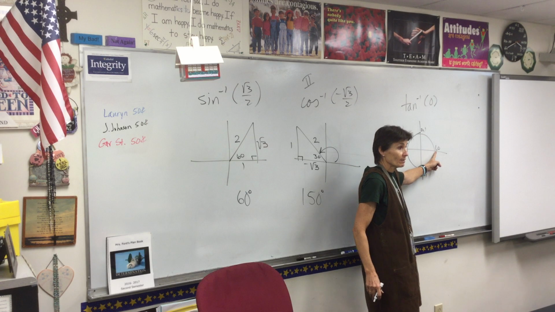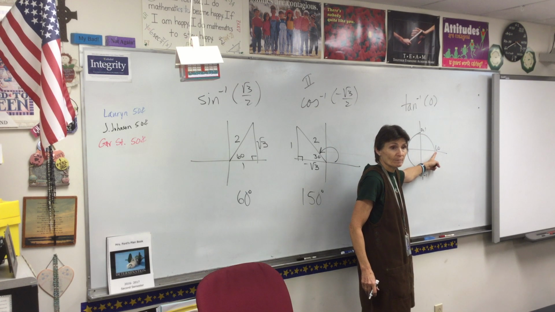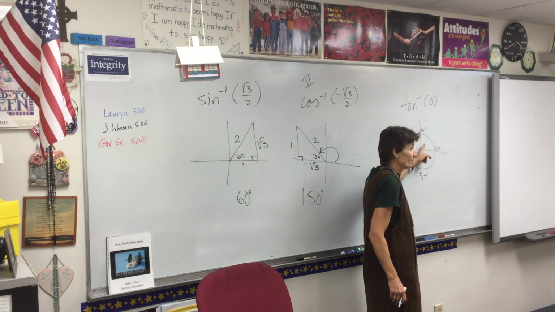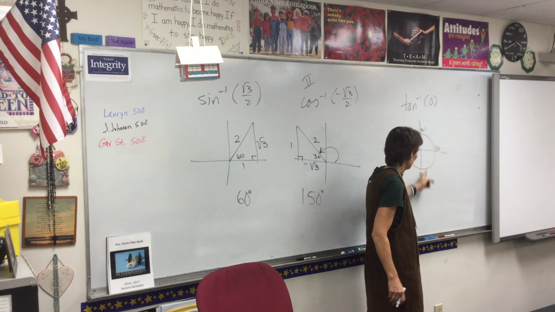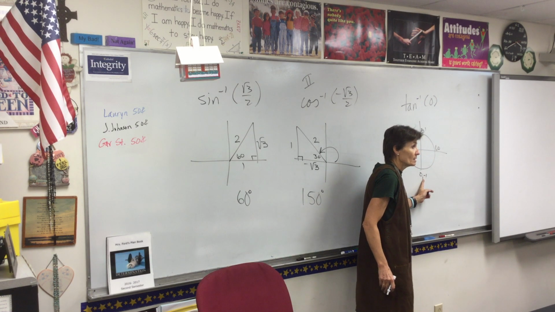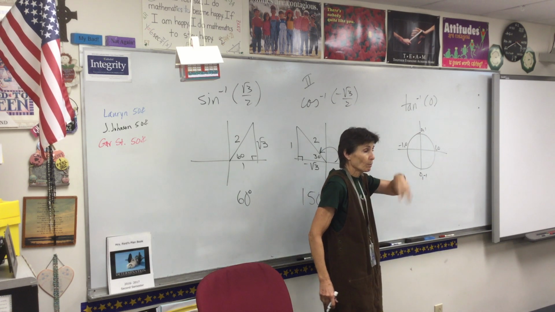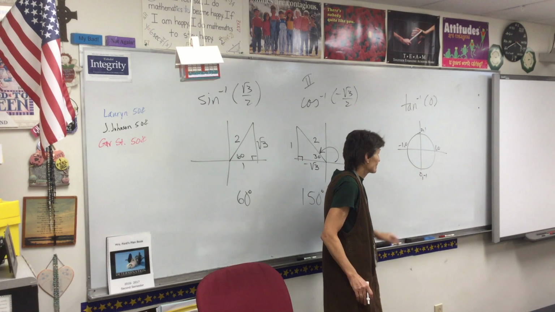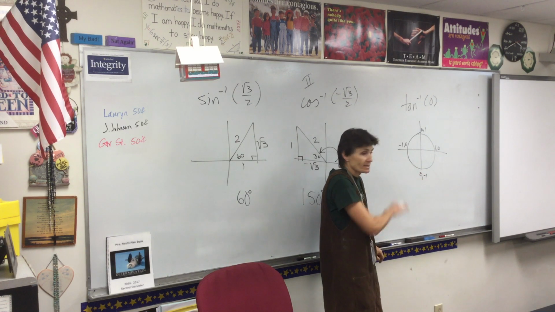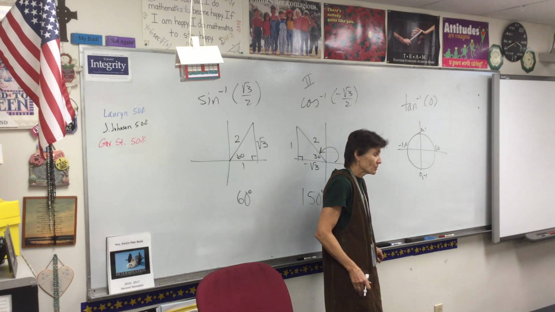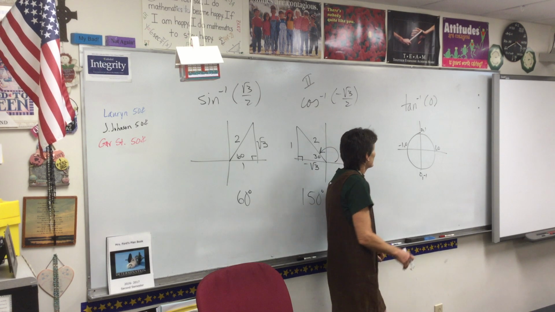If I come out here, isn't that the point 1, 0? And this would be 0, 1, and negative 1, 0, and 0, negative 1. And every time we have to draw a circle for a problem, we use a radius of 1, just to keep it consistent and easy. It's called the unit circle.